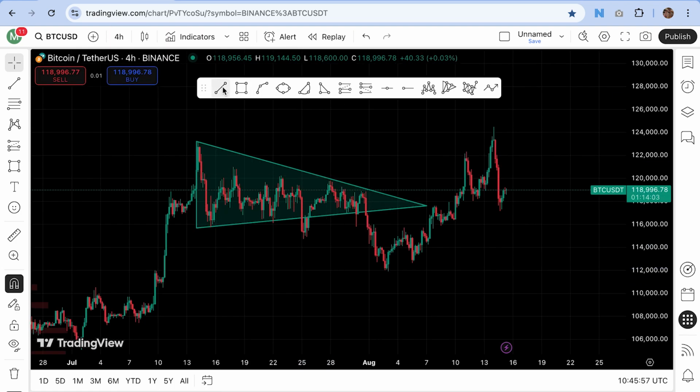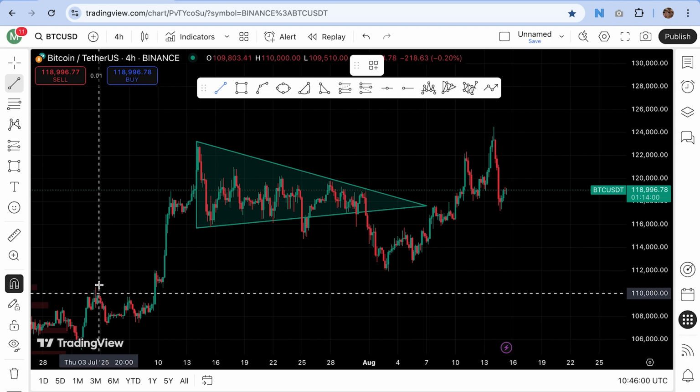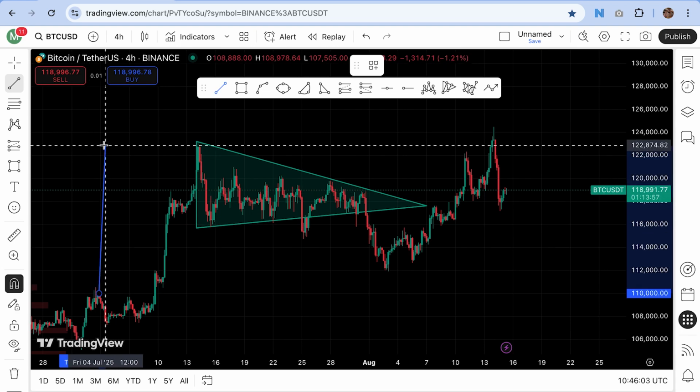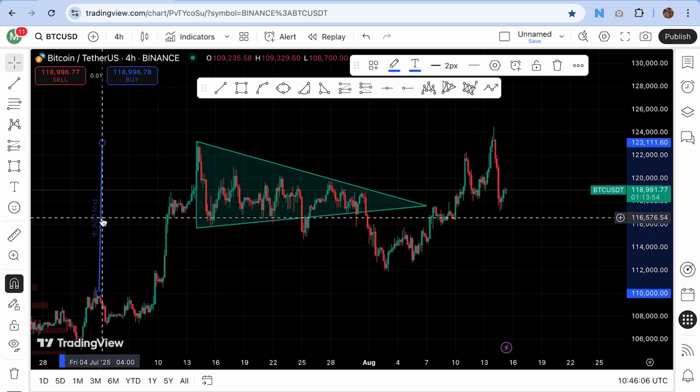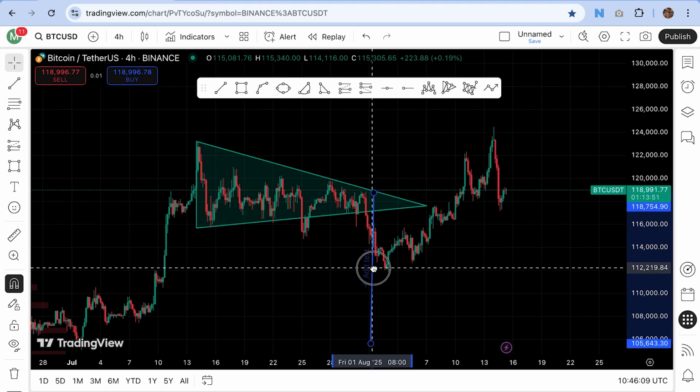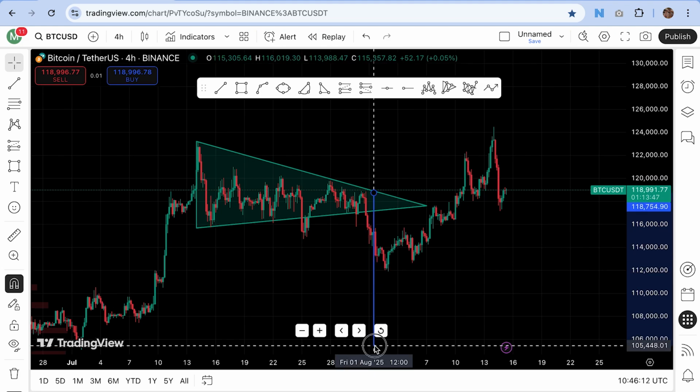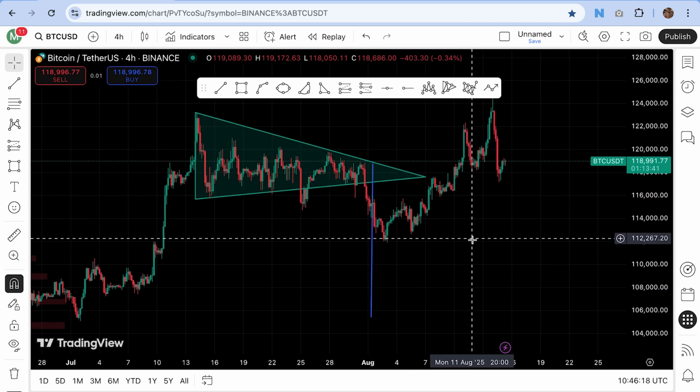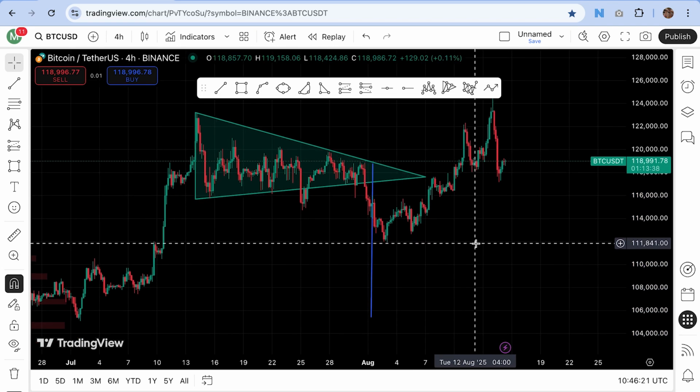On the 4-hour chart, if I measure the previous demand from here to here and place it here, you'll see we got 50% supply from that demand zone.